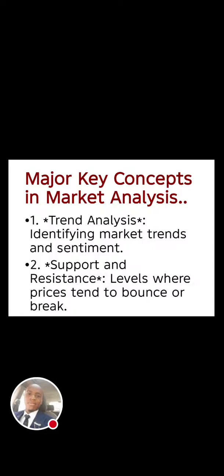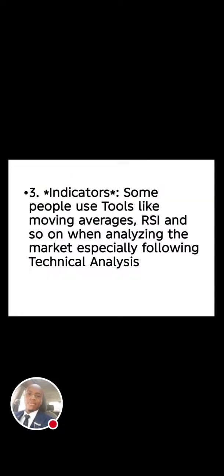All right. Now, the major key concept in market analysis is actually trend analysis. You analyze the trend, and this helps identify market trends and sentiment, the direction of the market, and the rest: the support and the resistance, which is still part of technical analysis, and the indicators, which is also part of technical analysis.